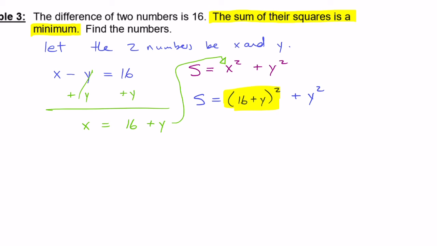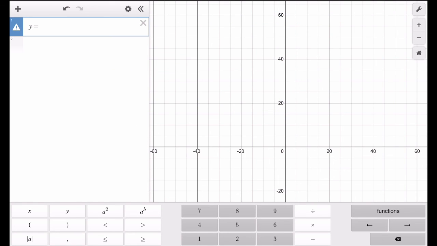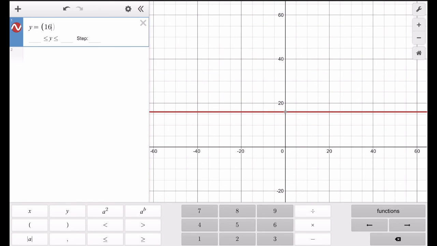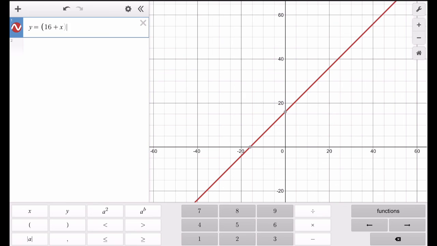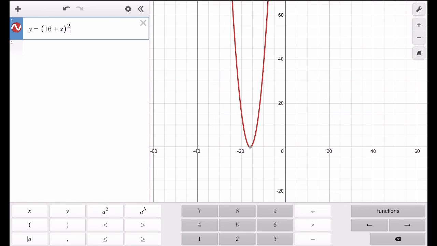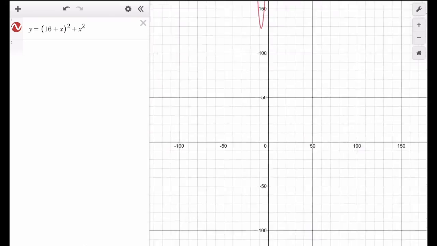So when I put this on Desmos, it's going to be y equals (16 plus x) squared plus x squared. Okay, I don't see anything, but again, beauty with Desmos is just pinch this.